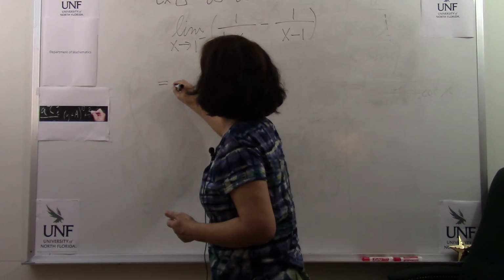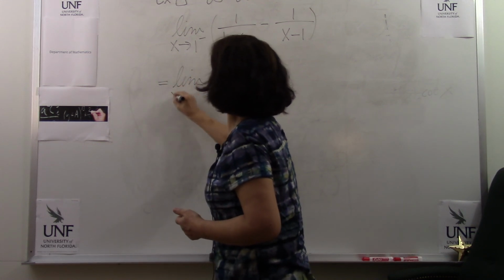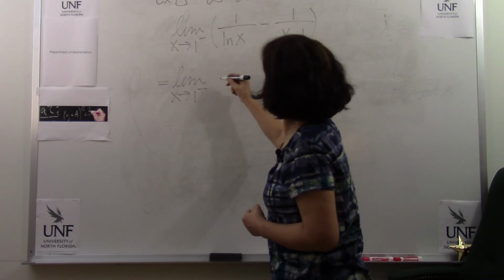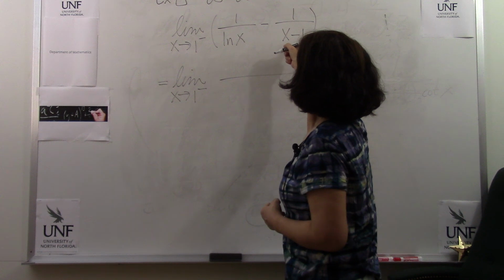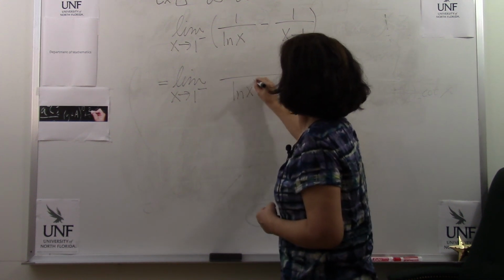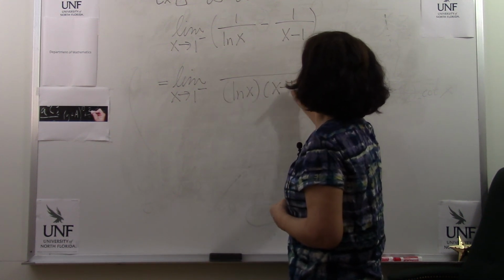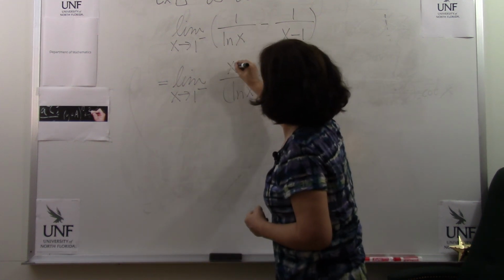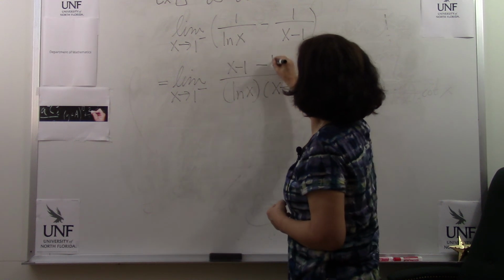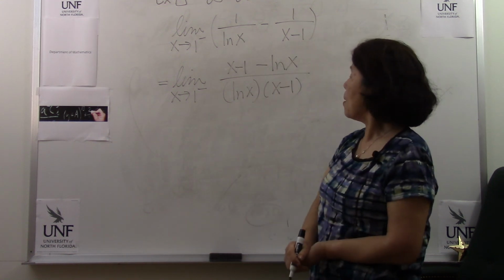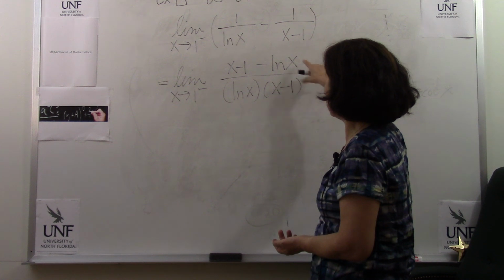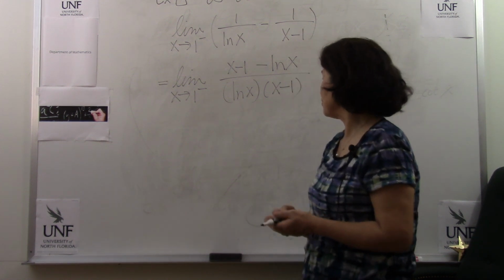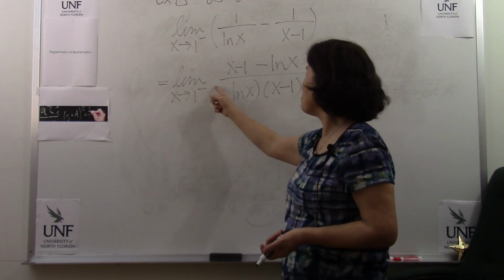I know it looks strange, but limit x goes to 1 minus, and this is ln x times x minus 1. And here is x minus 1 minus this ln x. So we combined them together, so we created one fraction. So now we evaluate the situation as x goes to 1 minus.